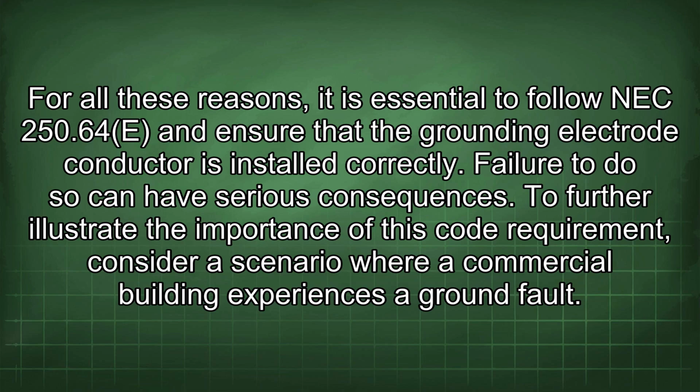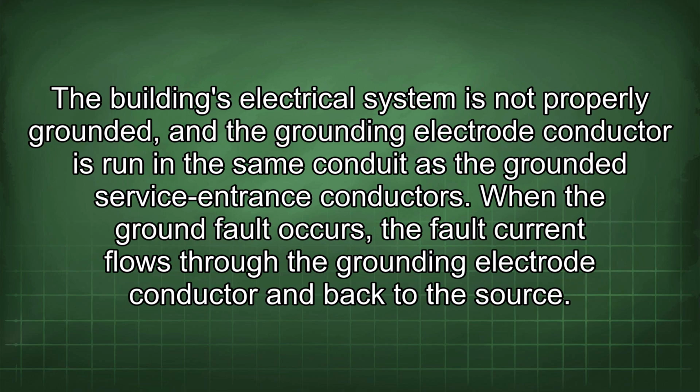To further illustrate the importance of this code requirement, consider a scenario where a commercial building experiences a ground fault. The building's electrical system is not properly grounded, and the grounding electrode conductor is run in the same conduit as the grounded service entrance conductors. When the ground fault occurs, the fault current flows through the grounding electrode conductor and back to the source.